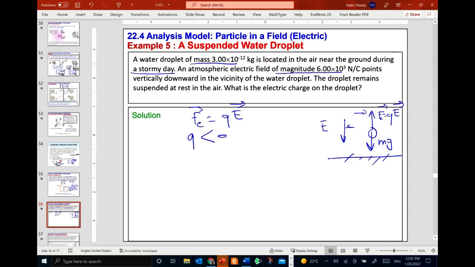Yes, we can set the sum of the forces equal to 0, the principle of equilibrium. Here we have only forces in the y direction, so let's take positive to be in the up direction. So Fe minus mg is equal to 0, or just Fe, which is QE, is equal to mg.